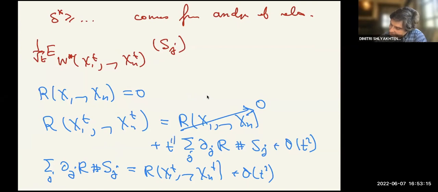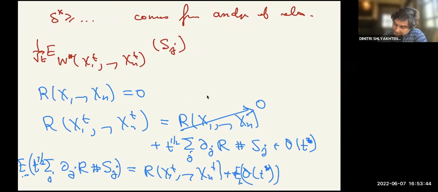Instead it's t to the 1/2 and this is t. Anyways, this is what I proved. So if now I take the conditional expectation of this, I will get that plus the conditional expectation of something that is of order t.